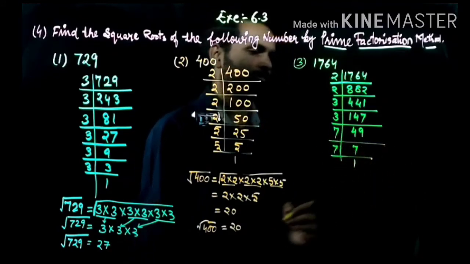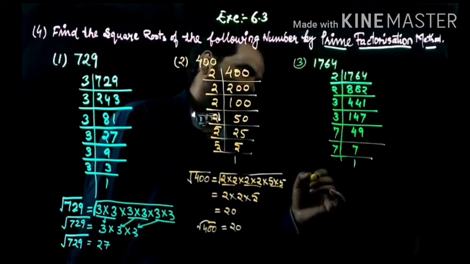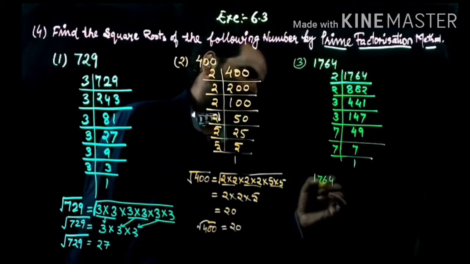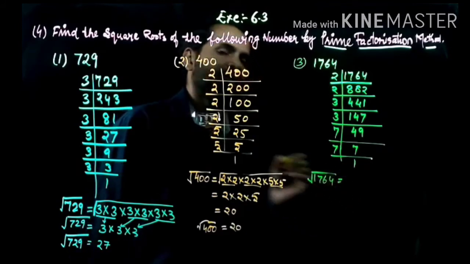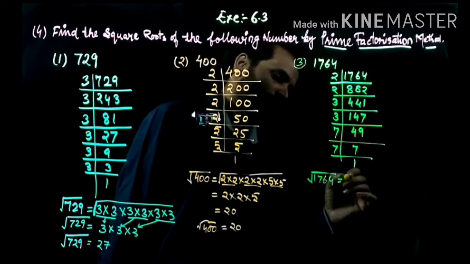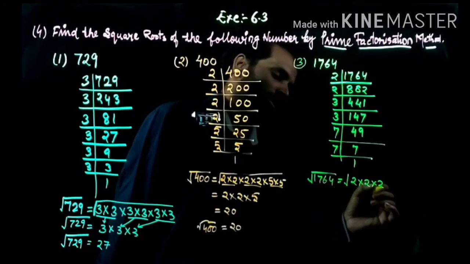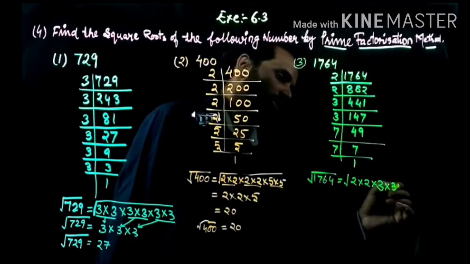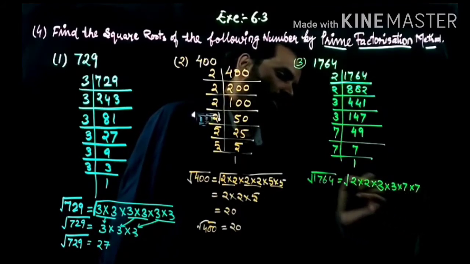Okay, then you write 1764 under root, because you find the square root, so write it in the square root sign, and the factors are 2 into 2 into 3 into 3 into 7 into 7.